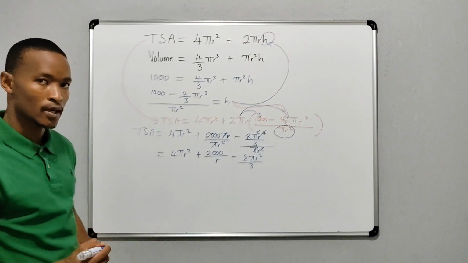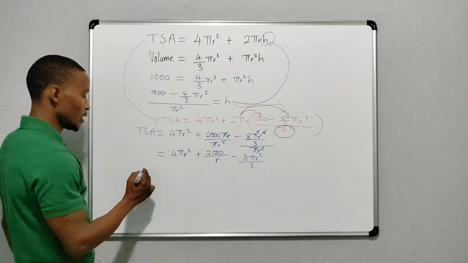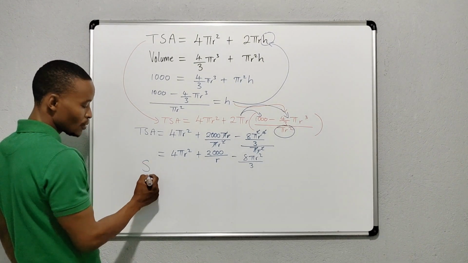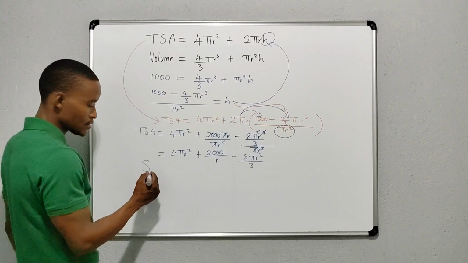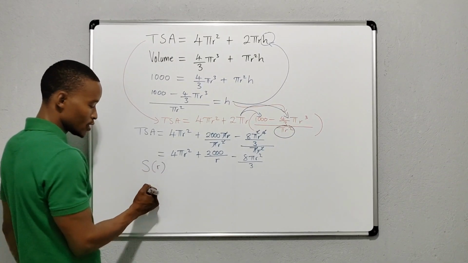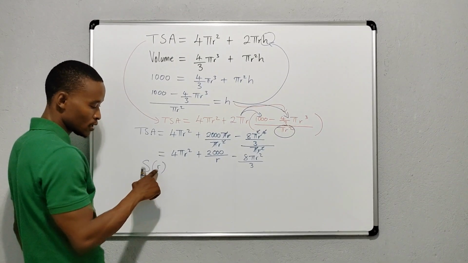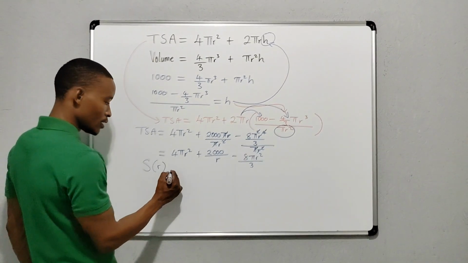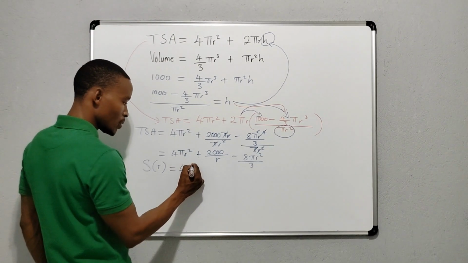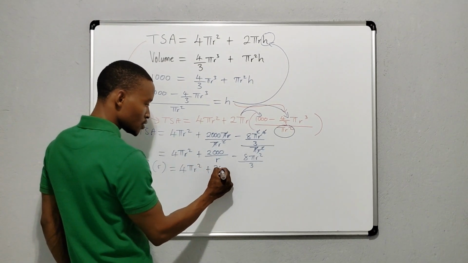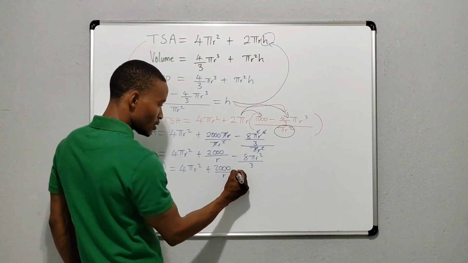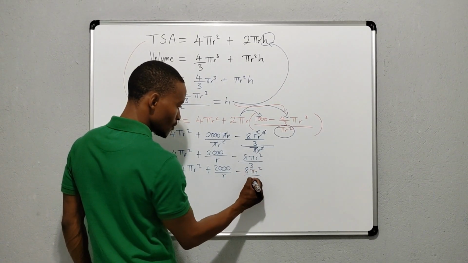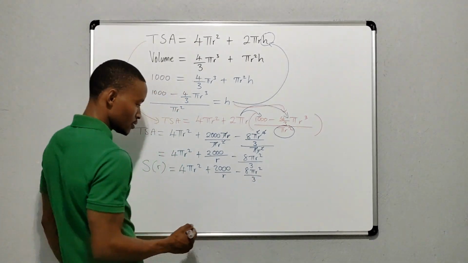So we have the total surface area. I'm just going to use S with respect to r here. So it's a function of the total surface area with respect to r, and r being the only variable in the expression there is definitely equal to 4 pi r squared plus 2000 over r minus 8 pi r squared over 3.